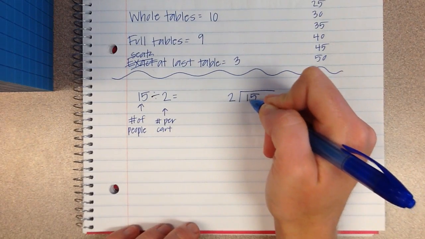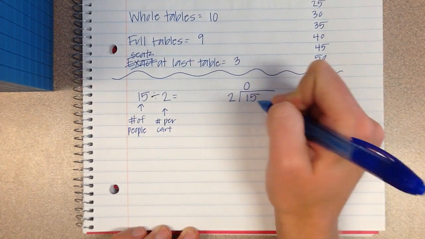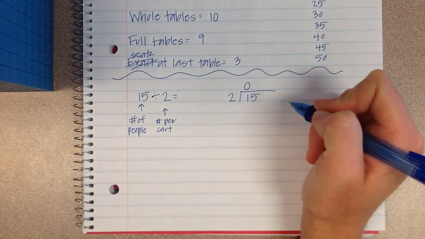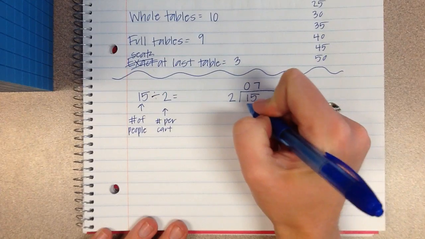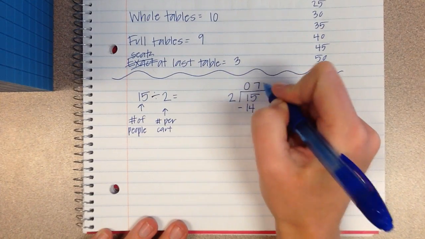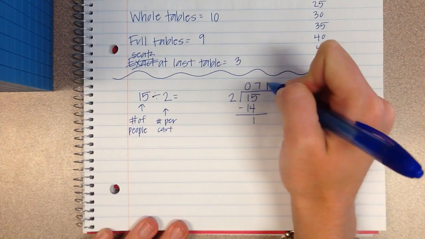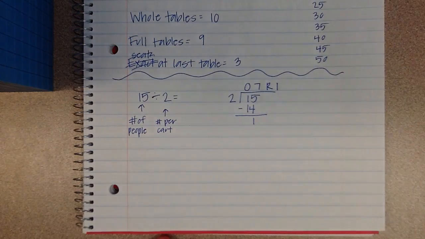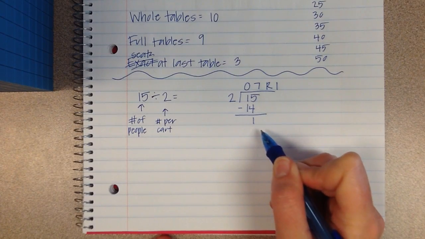Does 2 go into 1? No. Does 2 go into 15? Yes. 2, 4, 6, 8, 10, 12, 14, 16. So I know this is going to be 7. 7 times 2 equals 14. Remainder 1. My remainder comes from here because I have nothing else left to bring down.